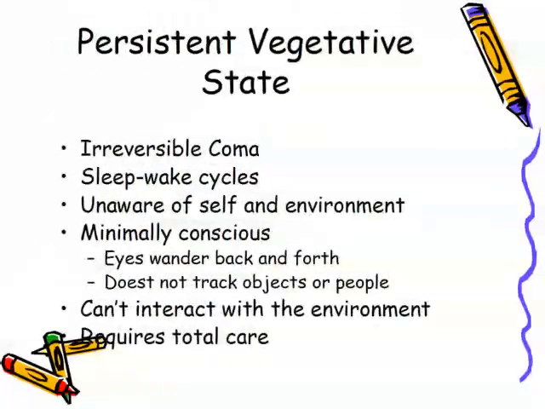This is an irreversible coma where the patient is unaware of their environment and unaware of themselves. They've had a significant loss of all cognitive functioning. They may still have some sleep-wake cycles and the ability to do things like chewing, swallowing, and coughing, but they don't interact with the environment. They don't make good eye contact, and they don't track objects or people.